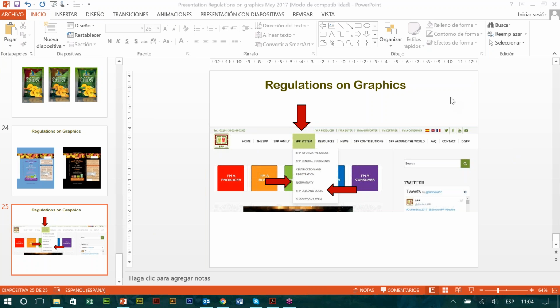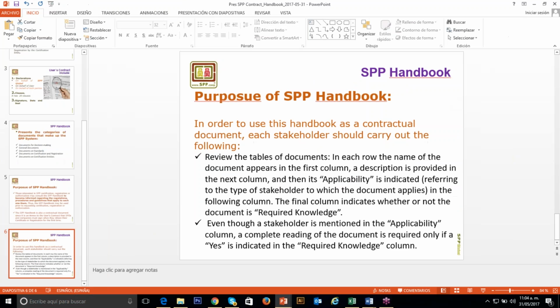Okay. Now I'm going to change to the next topic. The next topic is the user's contract and the SPP handbook. A second, please. Now, can you see my screen?